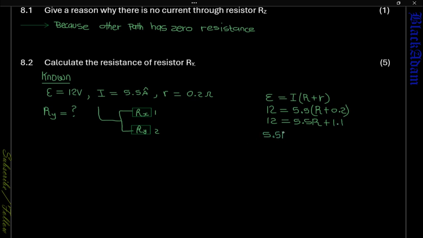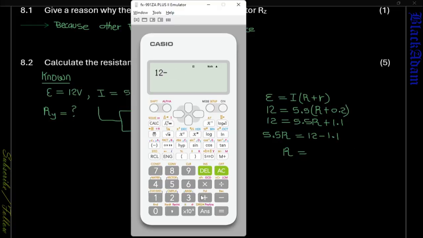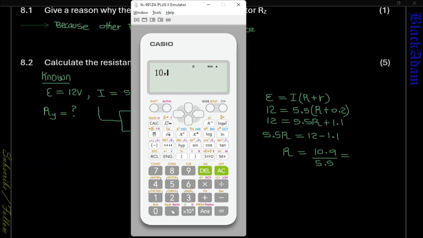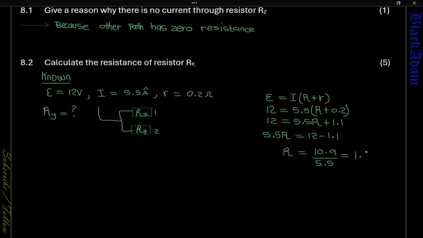Then 5.5R equals 12 minus 1.1. R is going to be 12 minus 1.1, which gives 10.9, divided by 5.5, which gives 1.98, rounding to 2 decimal places.